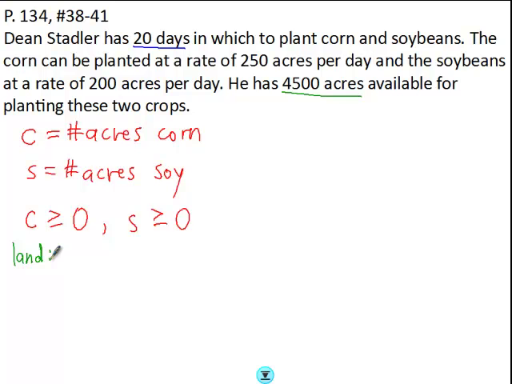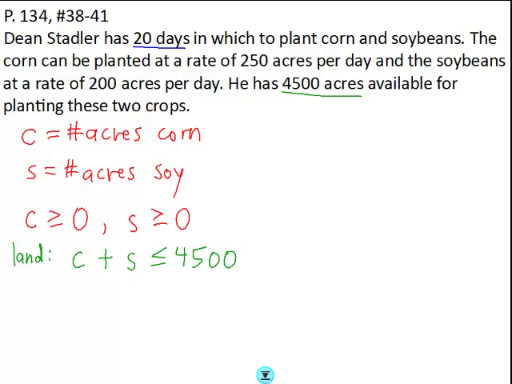Well, if he plants C acres of corn, then that's going to take C acres. And if he plants S acres of soybeans, that's going to take S acres. So when I add the number of acres of corn plus the number of acres of soybeans, the number I get has to be less than or equal to 4,500.